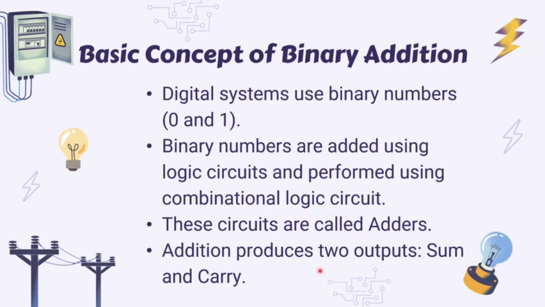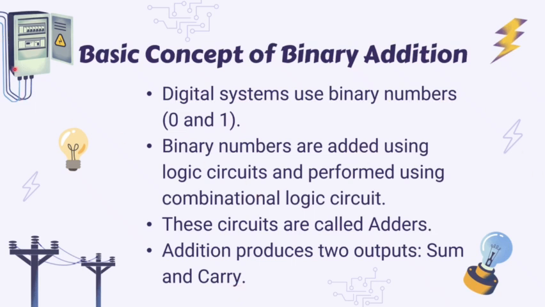During binary addition, two outputs are produced, that is, sum and carry. The first one is the sum, which gives the result of addition, and the second is the carry, which represents the overflow when both inputs are 1.